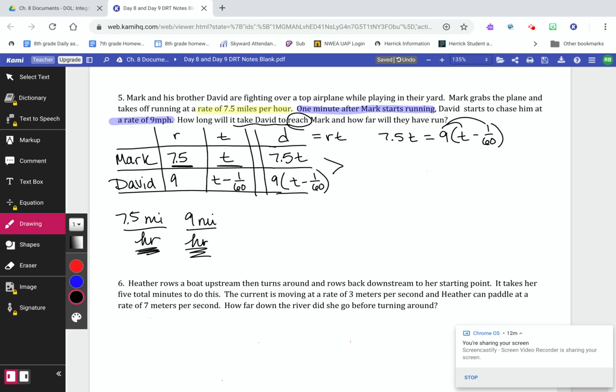So when we distribute, we get 9t minus, 3 goes into both of them, so we can do 3 here, 20 there, so minus 3/20. And on the other side, we still have 7.5t.